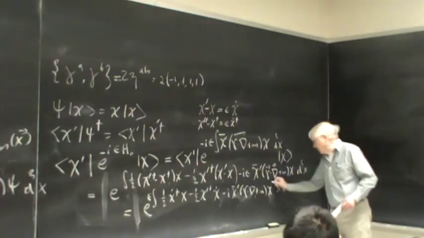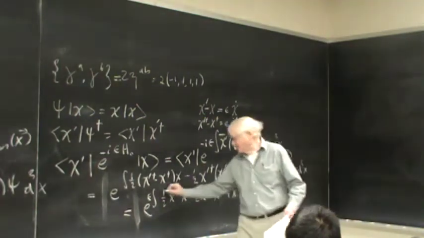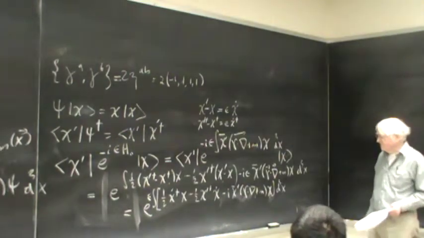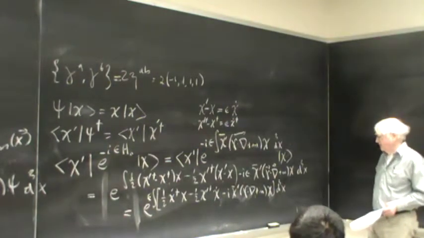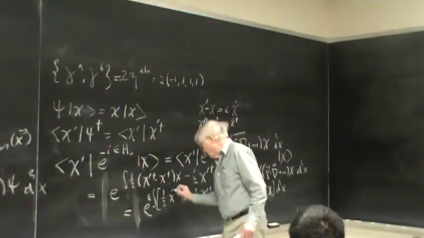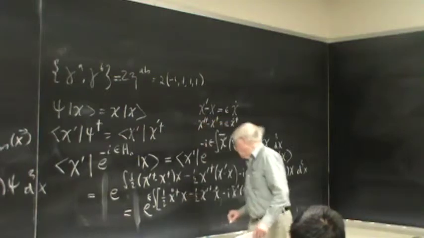So everything is multiplied by epsilon, and everything is inside this box here, and I guess I'll have to write the dots a little more clearly.